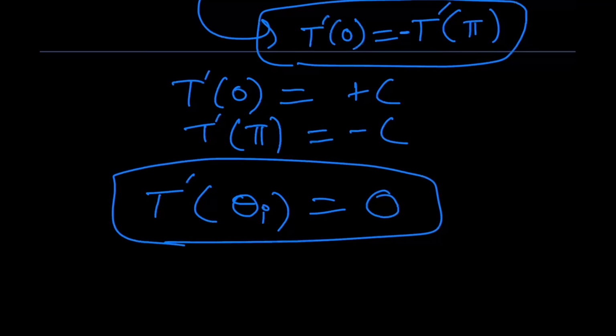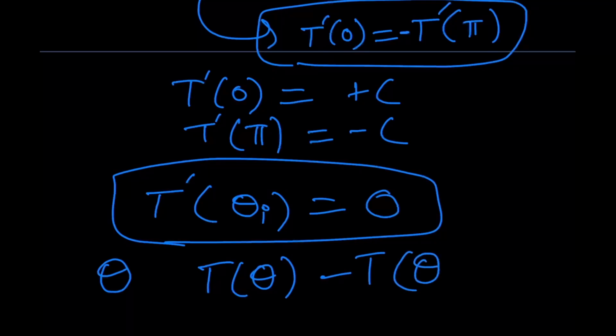And what does this mean? This means that for a particular theta between 0 and pi, we have a case where T of theta minus T of theta plus pi is 0, which basically means that these two are equal.